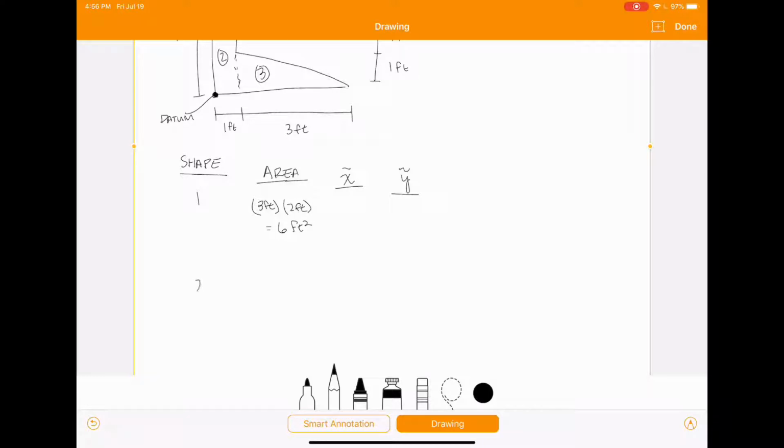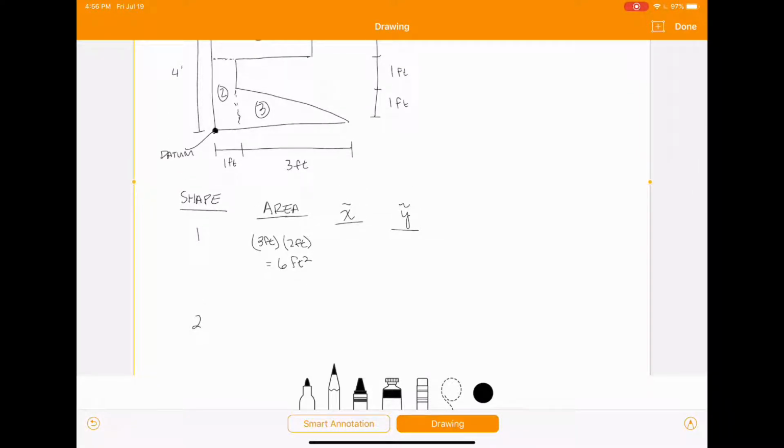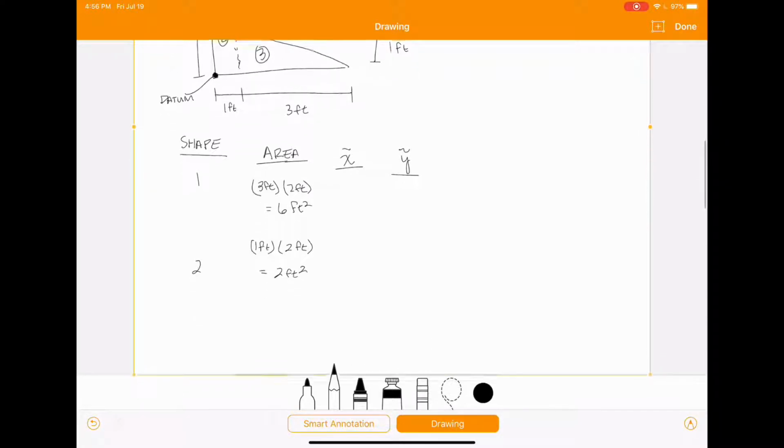For shape 2, our area is going to be the area of rectangle 2, so just base times height, so we're going to have 1 foot times 2 feet for a total of 2 feet squared for shape number 2.